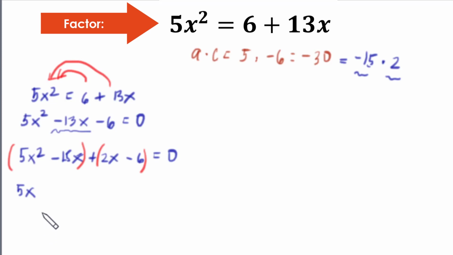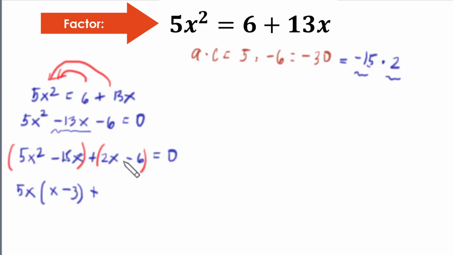That is the common factor. So just divide 5x squared by 5x, I will put parentheses, so that is simply x. Minus 15x divided by 5x, that is 3.